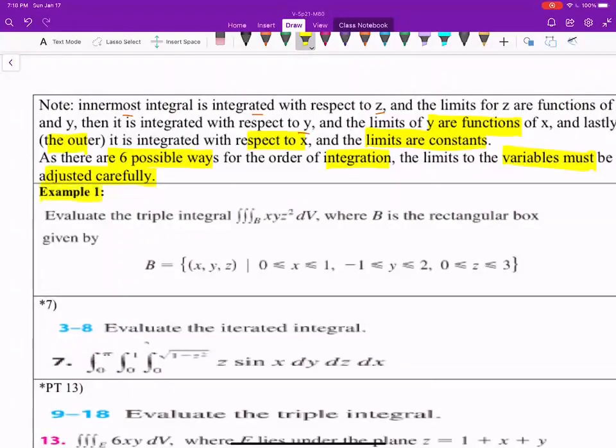We'll try this example 1. Evaluate the triple integral over the box B of x y z square dV, where B is a rectangular box given by B equal to the set of all x, y, z, where x lies between 0 and 1, y lies between -1 and 2, and z lies between 0 and 3.